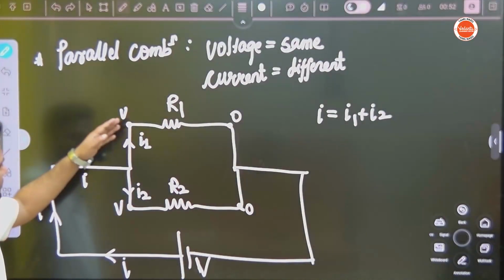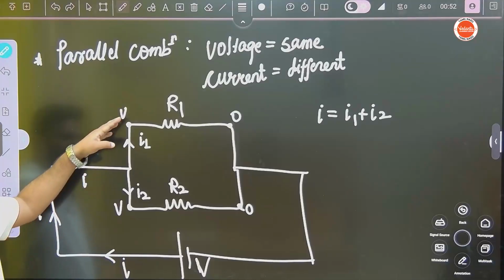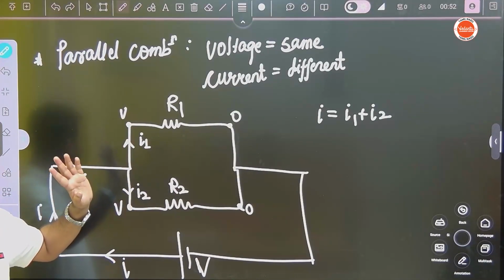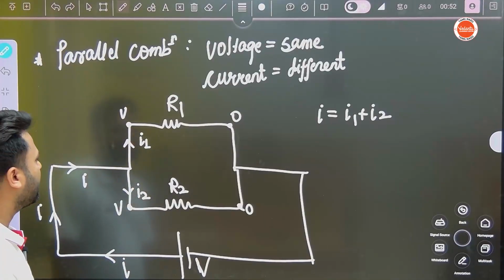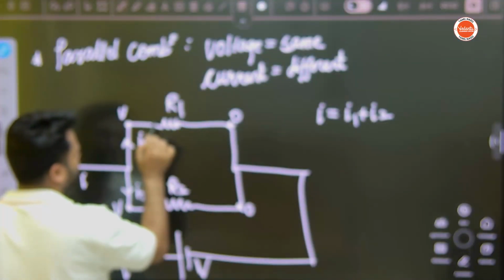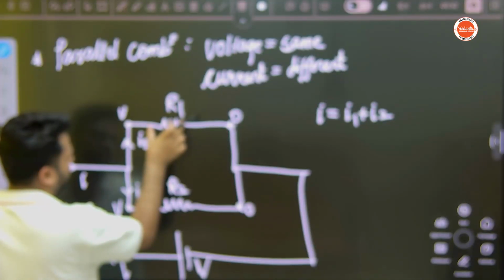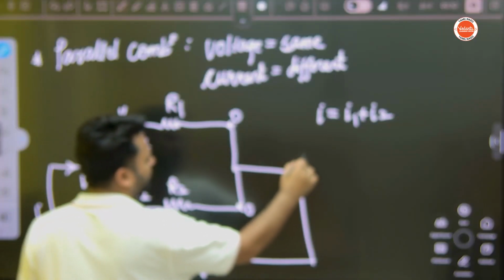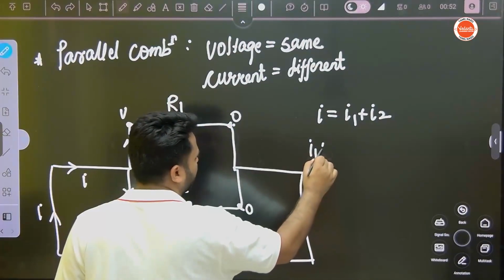Correct? Some is like out of 5 ampere, 2 ampere is going this side. So how much will go this side? 3 ampere. 2 plus 3, 5. Acha, since this resistor, what is the voltage of this resistor? What we can write? V equals to I R1. So I1 R1.